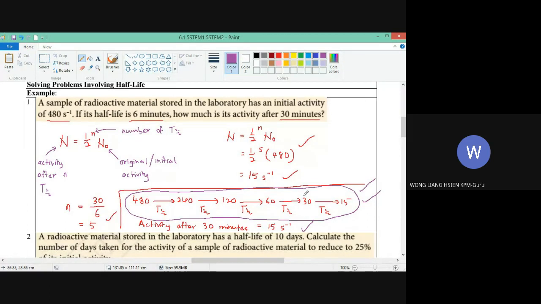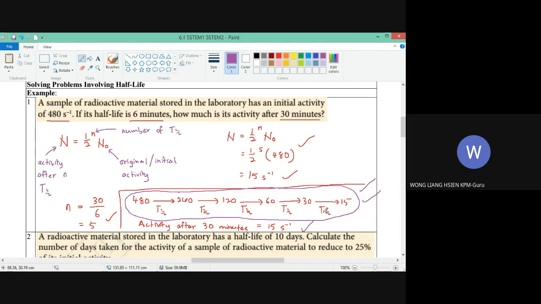This is your actual way to show your working to get the marks. You must show it like this. This number changes to this number, and you label 1 half-life. This number changes to this number, another half-life. This number changes to this number, another half-life. So you can get the marks for working.